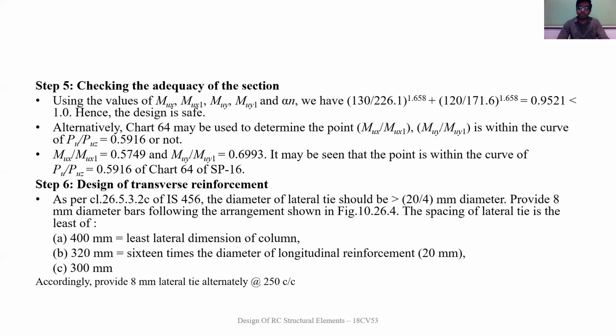So in this particular problem, Mux by Mux1 to the power alpha n plus Muy by Muy1 to the power alpha n is equal to 0.9521, which is less than 1. Hence, the design is safe.